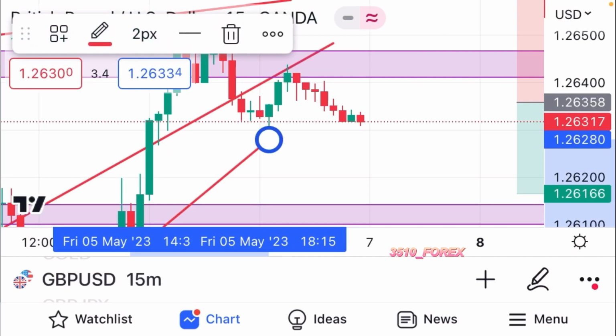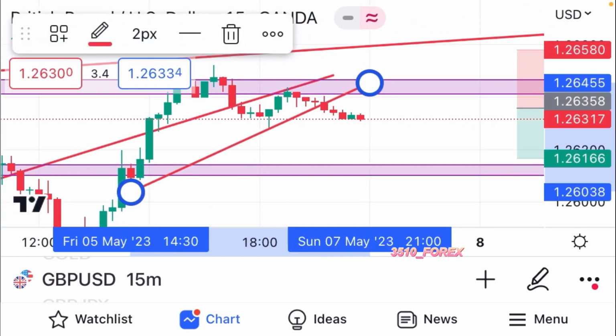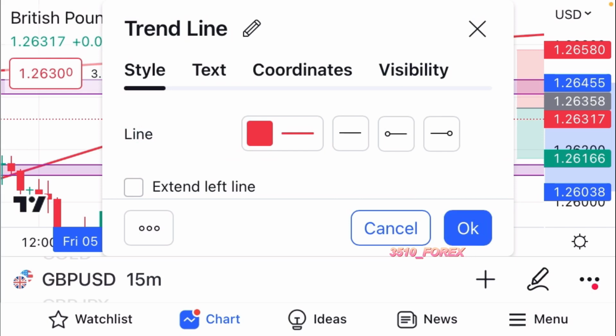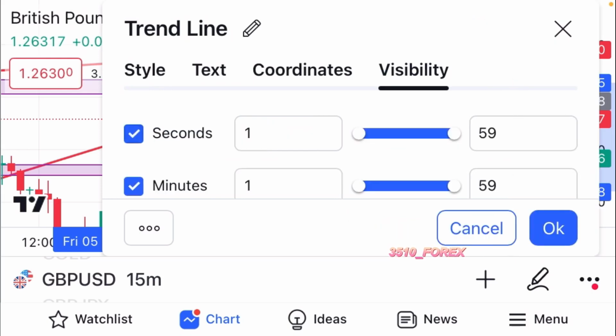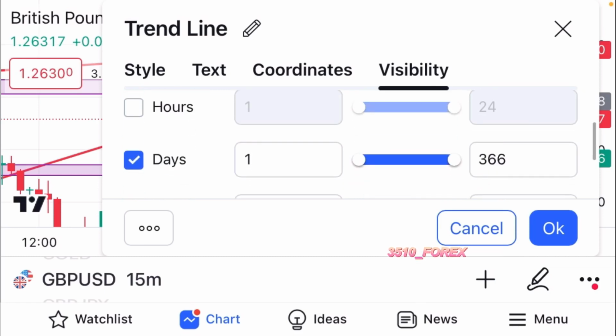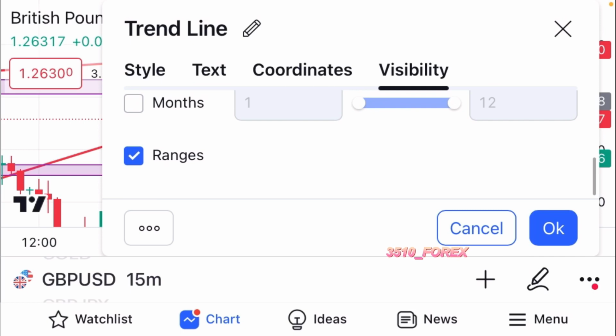Let me do this. Alright, so it is not clear. It is not clear. On settings, I want it to appear on M15 only, so I'll remove all this. Then yeah.